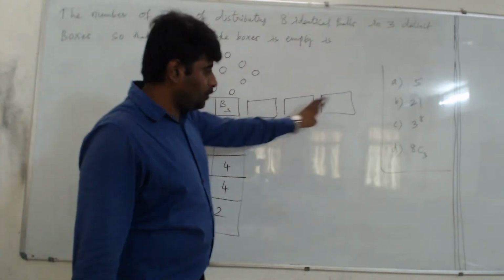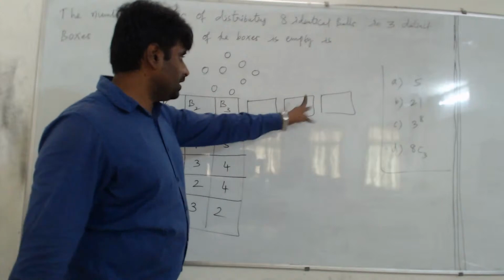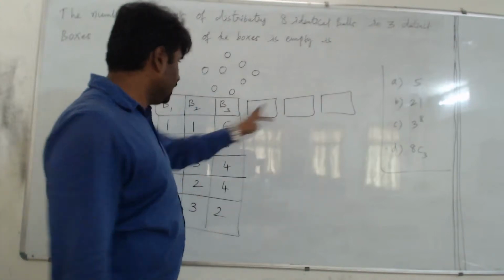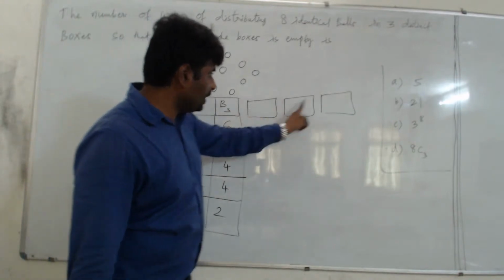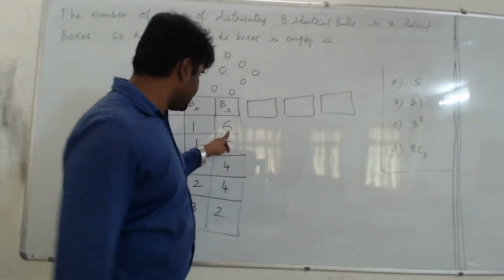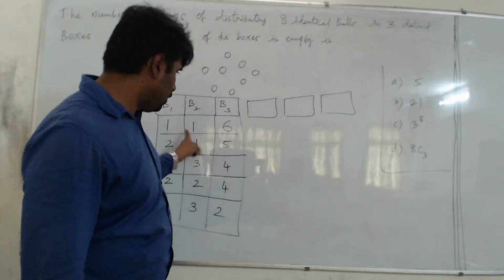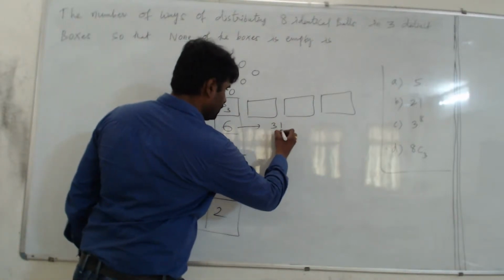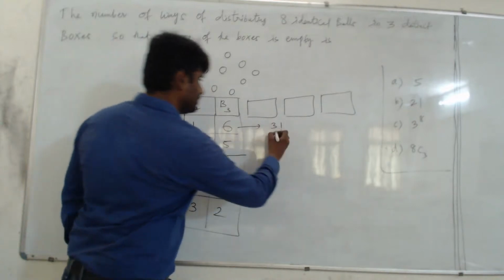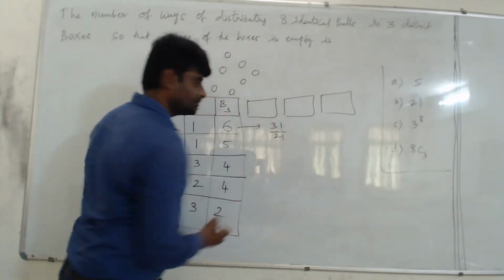So, in these ways we can place. Here one ball, 6 balls. 2 balls, 1 ball, 5 balls. Okay? 1, 3, 4 like that. So, these can be shuffled. 1, 1, 6 can also be written as 6, 1, 1 or 1, 6, 1. So, how many ways can we arrange this? 3 factorial by 2 factorial, since these two are the same.